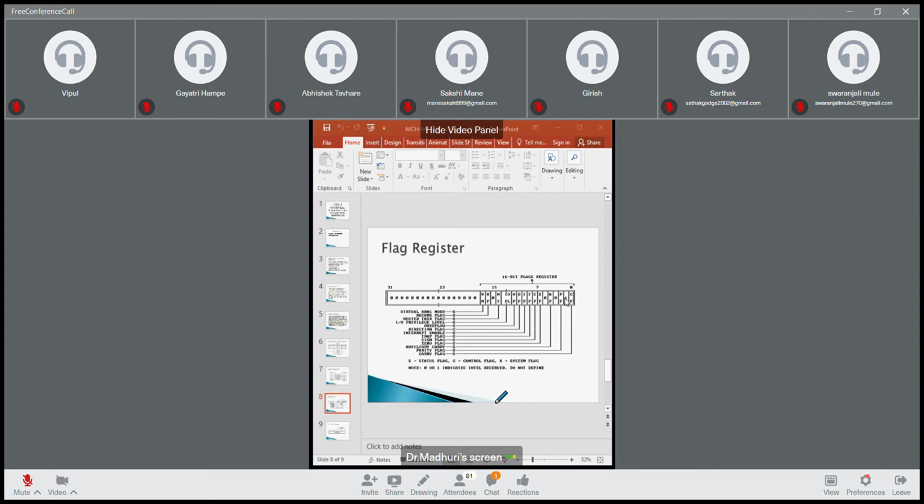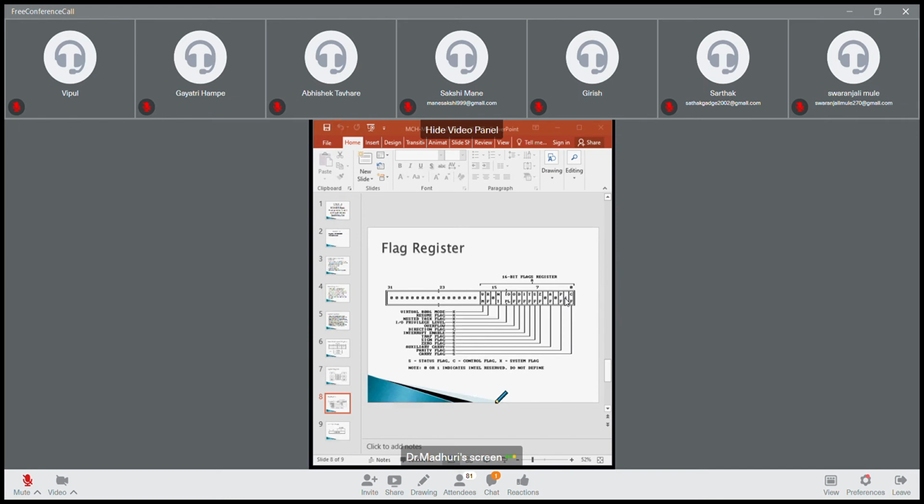Now next is the direction flag. You know the string instructions, not instruction, rather string operations. Like you can add two strings, you can find whether a string is a palindrome or not, or find a substring of a string.